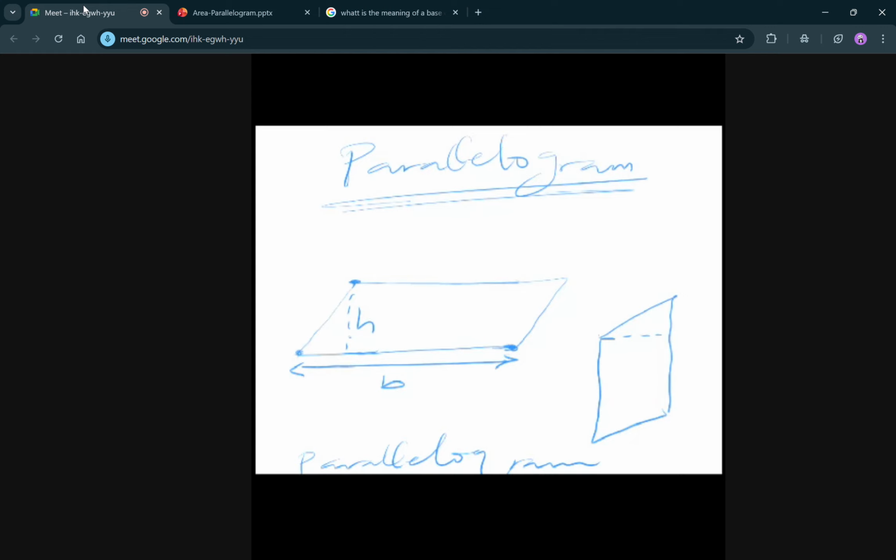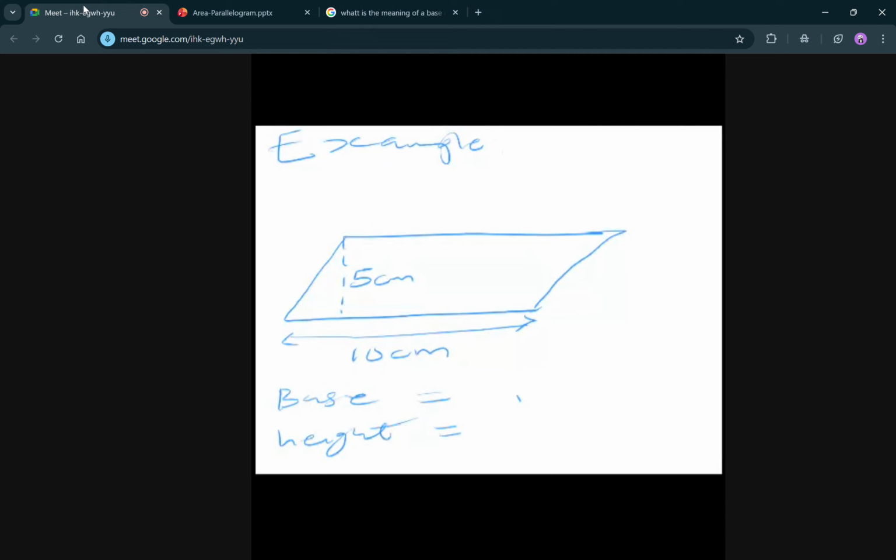Okay. I was trying to explain to you that the base is the length of the horizontal line from this point to this point. That was what I explained when I gave you this diagram here.